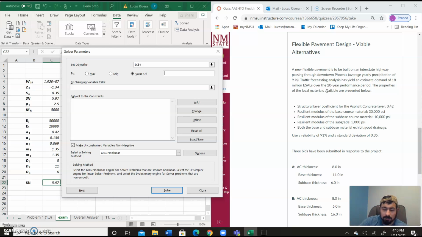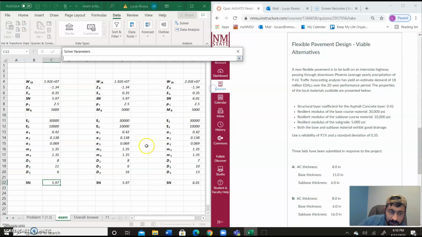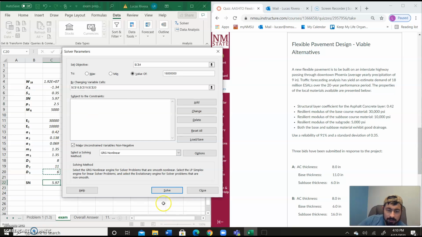Yeah, 18 million. By changing variable cells, that one, that one, and that one. Let's see what happens.